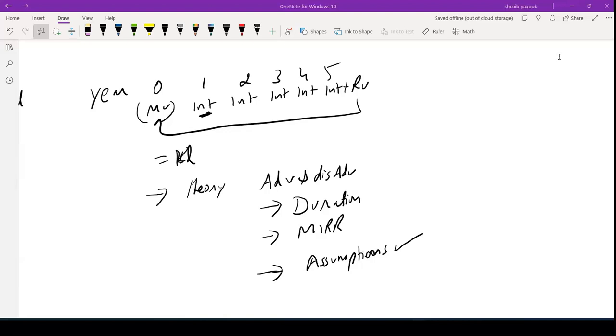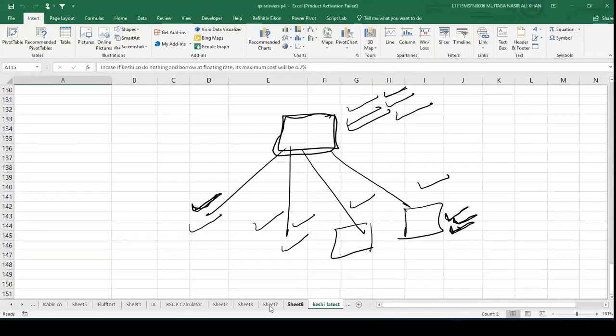Let me open that for you people. I have shared the Excel file there. It will take some time. Okay. This file is available in the orientation tab in your LMS.